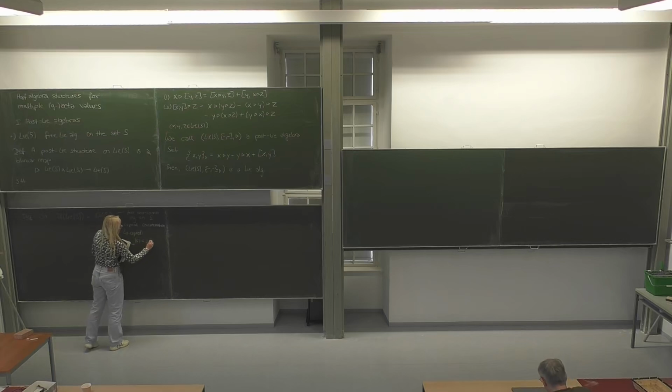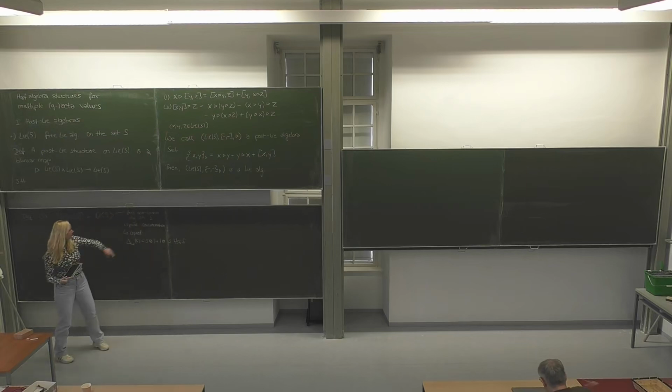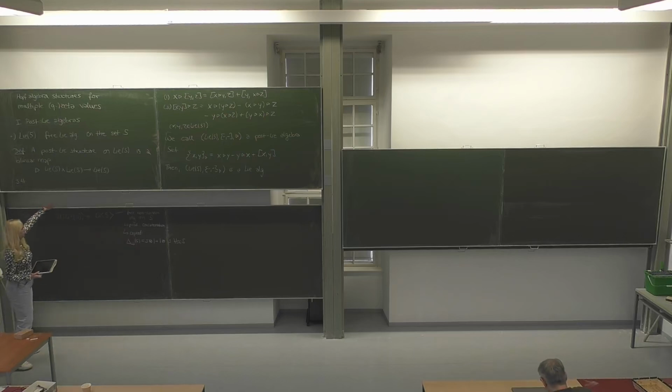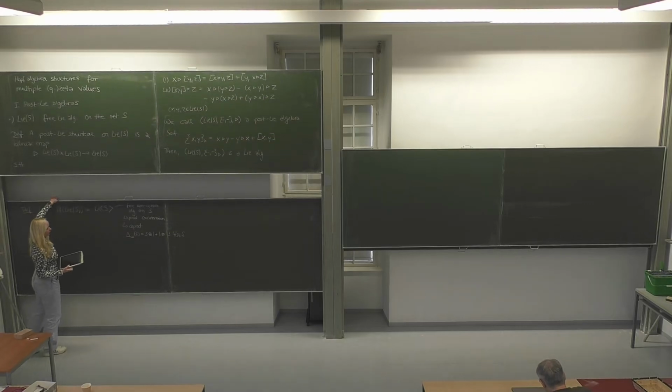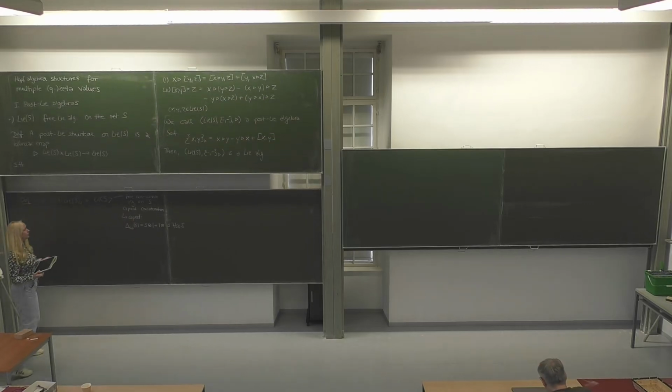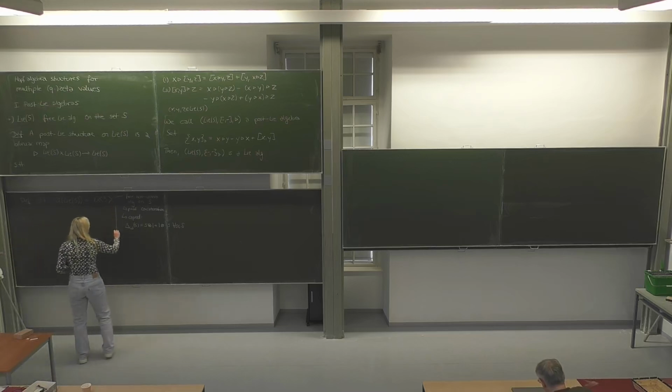And this is the one where all elements in S are primitive, and then you extend by concatenation. This is the basic, or maybe most basic, Hopf algebra structure I think you can get on this non-commutative free stuff. Okay, so this is the basic one.